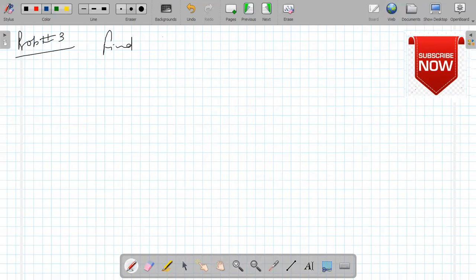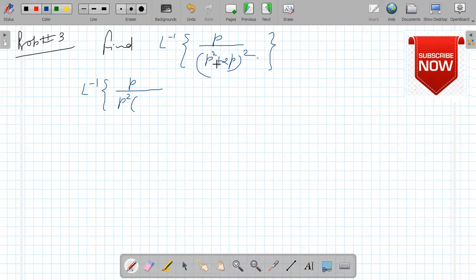The question is find Laplace inverse of P upon P plus 2P whole square. So you can write this as P square. We will take 1P as common, so that 1P will come outside as P square. So P plus 2P is left inside the bracket. The question was correct. Okay, this is the trick.